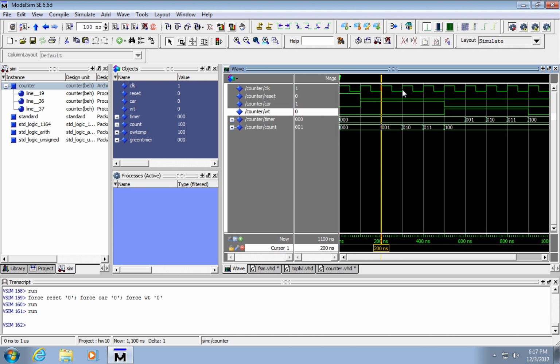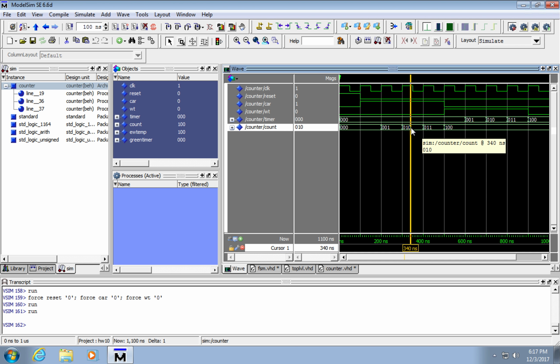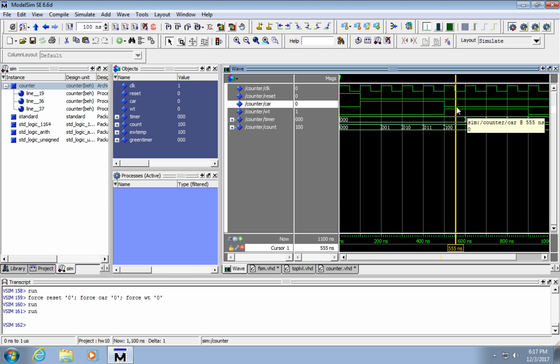Then at the next rising clock edge, count is now 2, and at the next one, count is now 3. Now in the next clock cycle, I set car to be equal to 0, and I then set the value for WT to be 1. It hasn't quite registered yet until the next clock cycle.